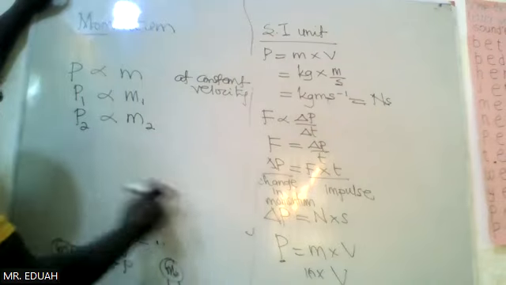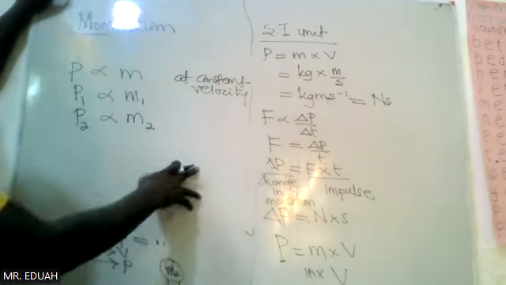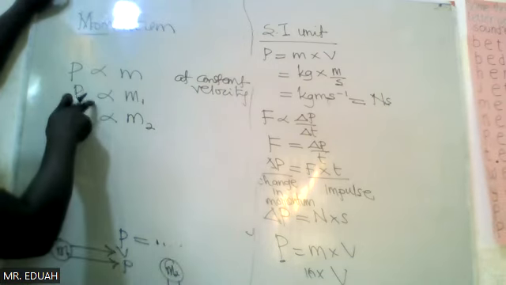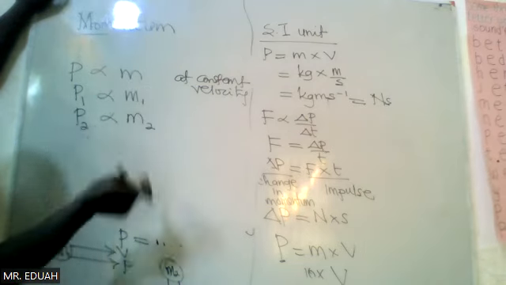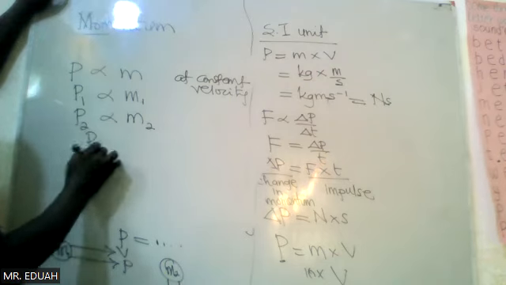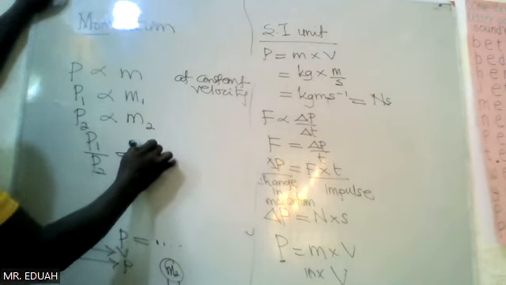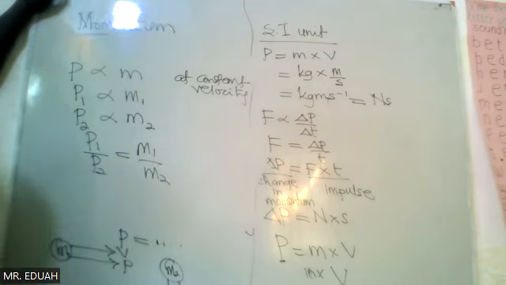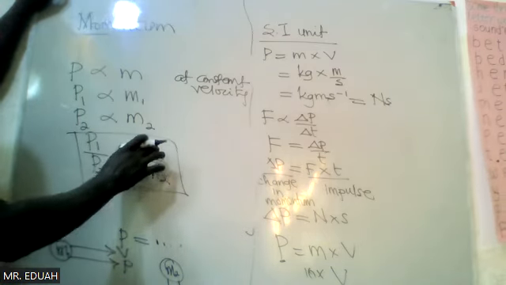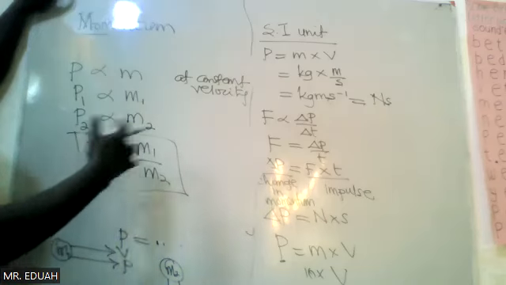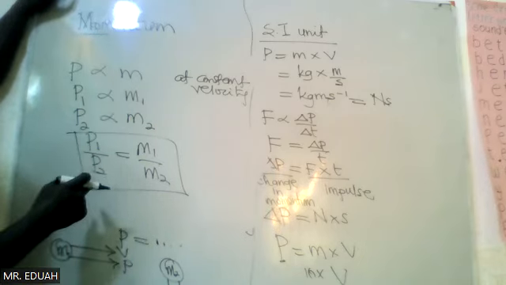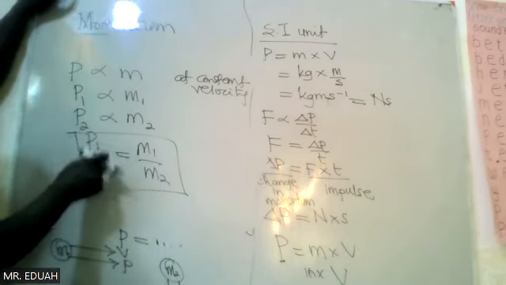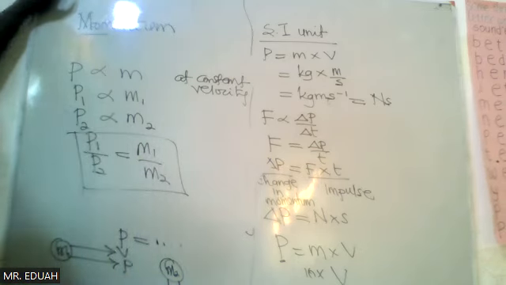If two masses are traveling with the same velocity, then if you take the ratio, P1 over P2 is equal to M1 over M2. So you can be given a question where two masses travel with the same velocity, and this is what you use to determine the ratio of their individual momenta.